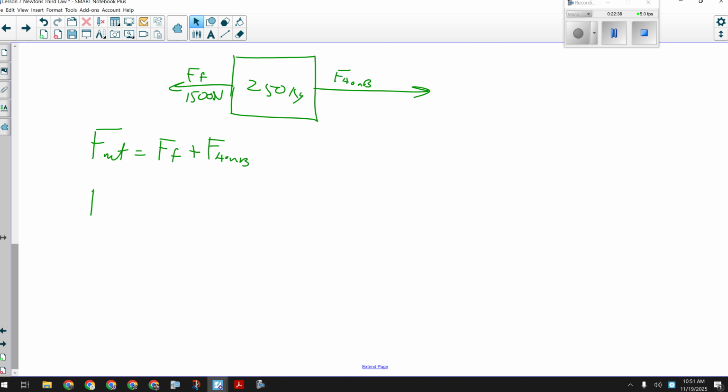So we'll have F net minus the force of friction equals the force of A on B. So our 125 newtons minus negative 1,500 newtons is going to give us 1,625 newtons, but this time forward. Same force, just different perspective. Either way gets the right answer.